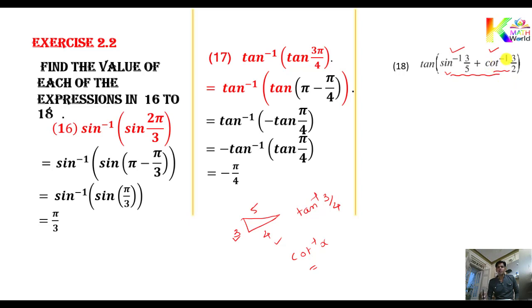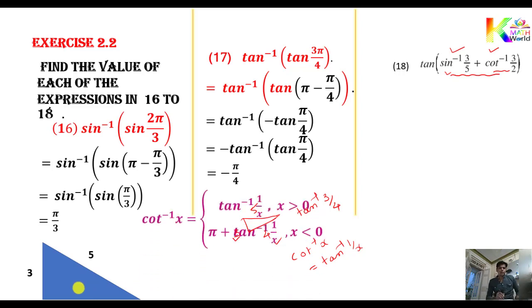Whenever x is greater than 0, you can directly write tan inverse of 1 by x. Whatever we discussed, you can see here in this triangle also: 3, 5 and this is 4. Okay, I'm going to rub everything now.